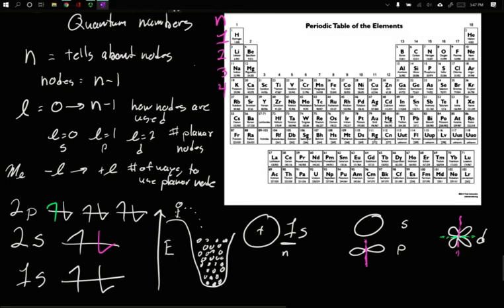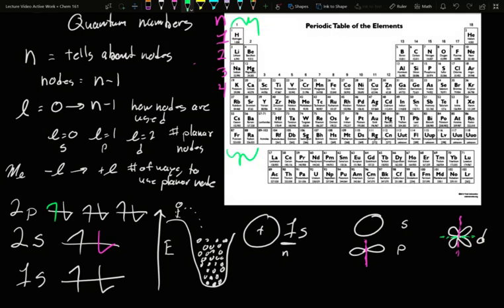Lithium and beryllium, you'll notice, are on this far left columns. These are the s orbitals. Everything in those columns will have the last electron go into an s orbital. So this one would have been lithium, this one would have been beryllium.